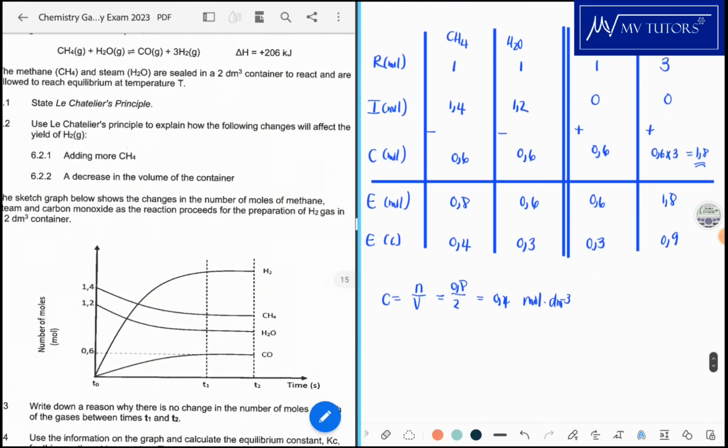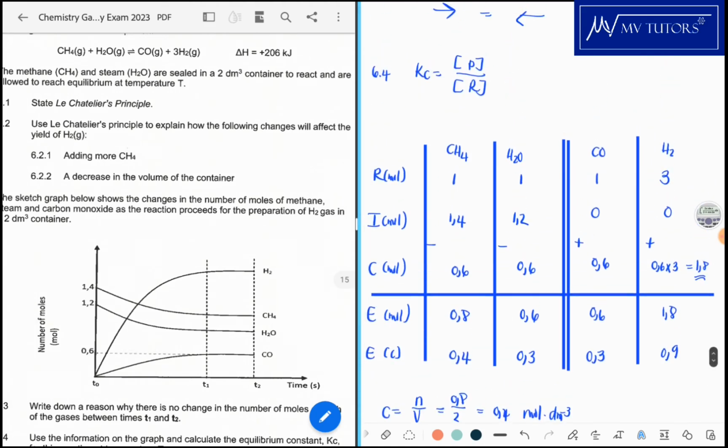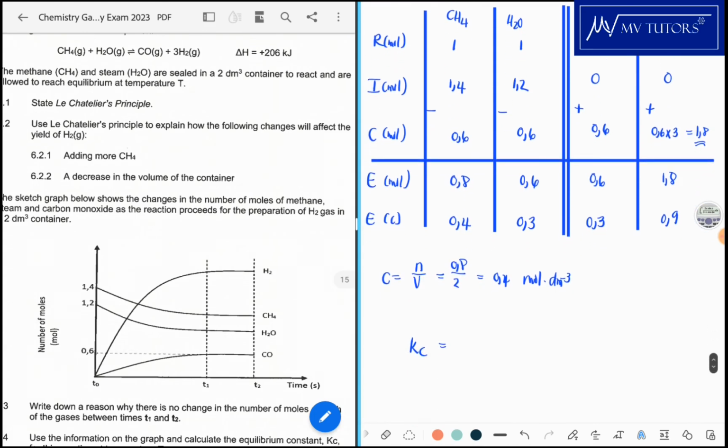Now we can go back to the Kc formula. Like we said, it is the concentration of products divided by the concentration of reactants. So for our products, we have carbon monoxide, and we also have hydrogen gas, which will be to the power 3. And for our reactants, we have methane, and we also have steam.